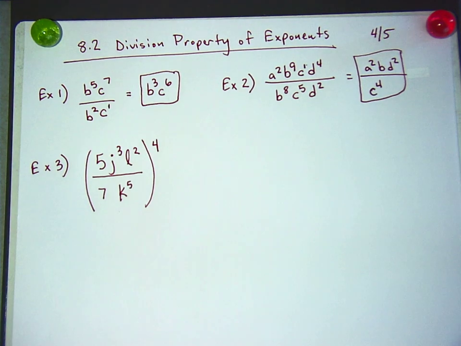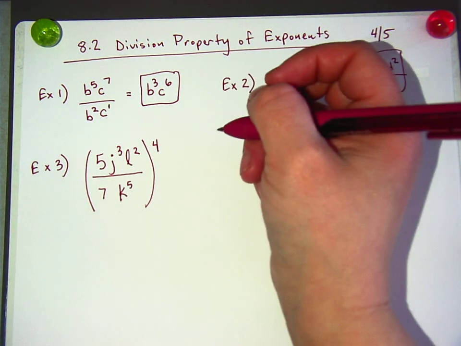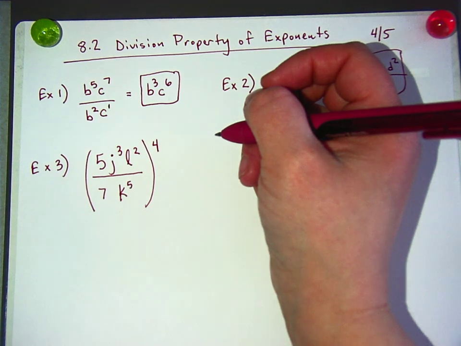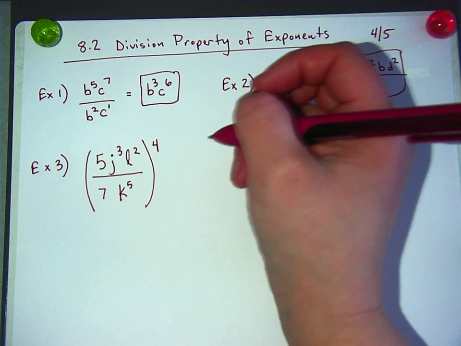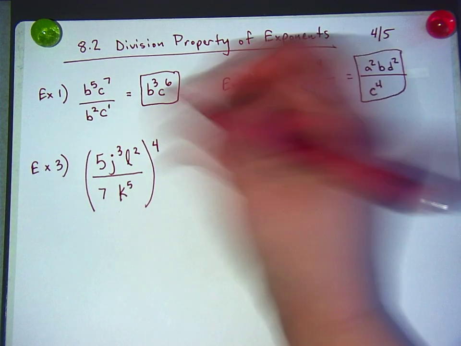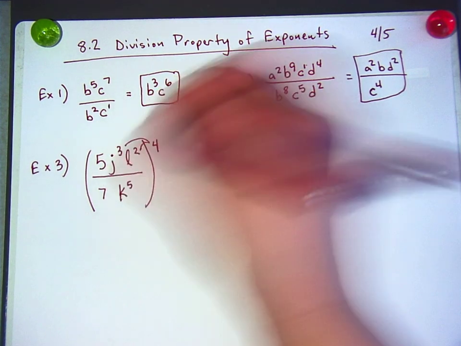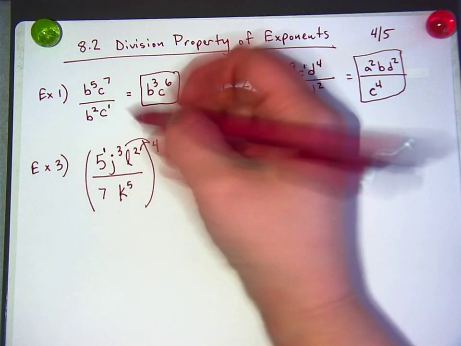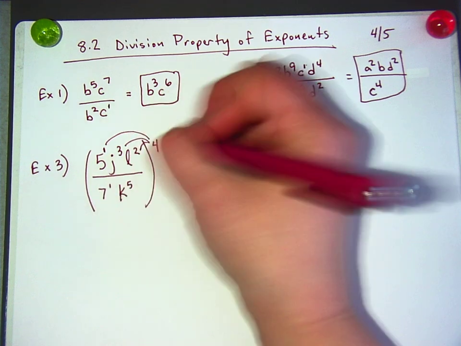Okay, so what do I distribute this 4 to? Everything, all the powers. But remember that this 5 has a power of 1, and this 7 also has a power of 1.